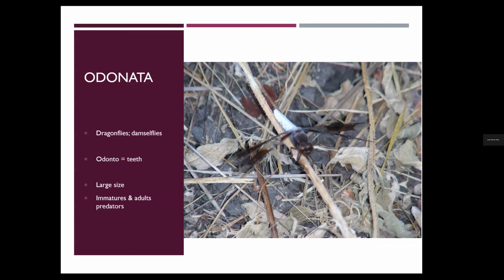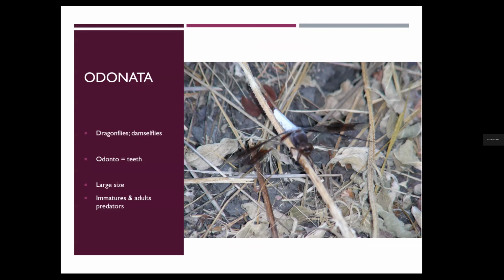These tend to be larger insects, and these are going to be predatory as both immatures and adults. The immature stages are going to be aquatic, whereas the adults are going to actually fly around and then rest on vegetation. When you look at the adults, they're going to have that elongated abdomen.